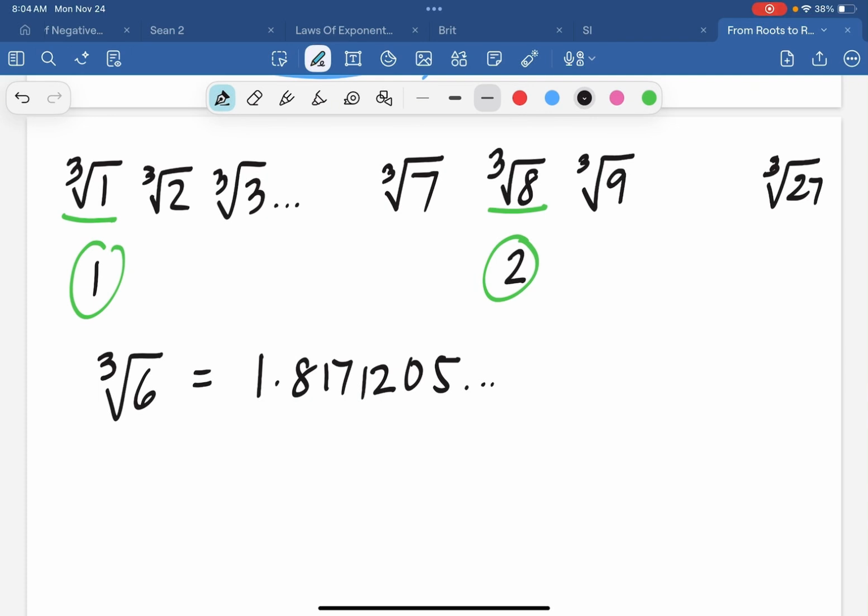One digit here just repeated, but there's no pattern given or visible. So that's how irrational numbers work, especially when we deal with decimals.